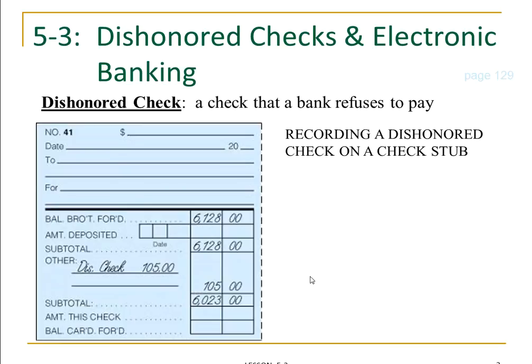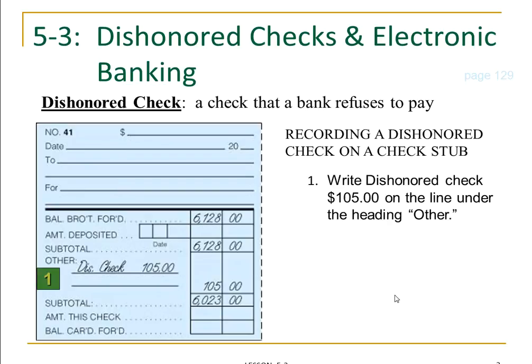Because if you think about it, you have a check that you received from a customer for a certain dollar amount, and you've taken that check in as if it was cash. But when the check bounces, now you've got to back that cash out of your account because you never really did receive it. So that's the process we're going to be talking about in this segment.